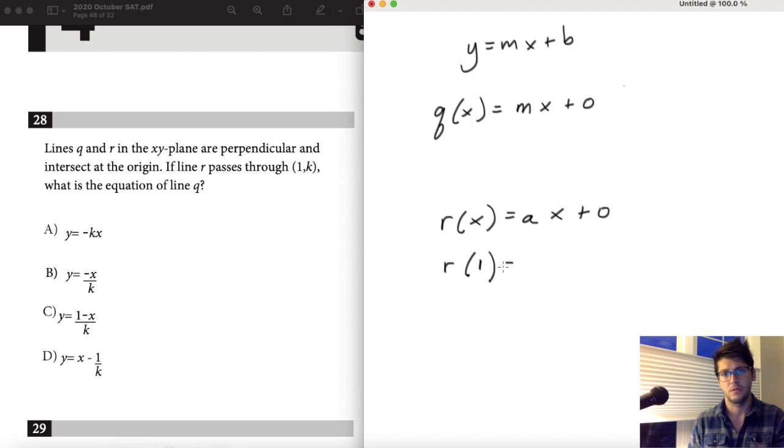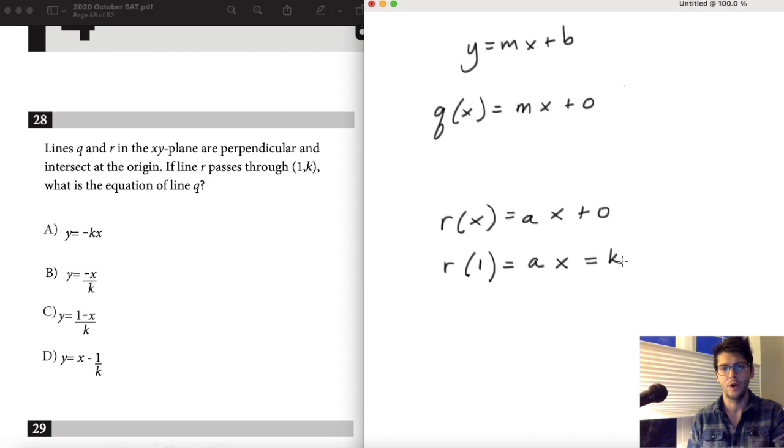Ax equals k. Oh, what am I talking about? Ax. I'm like, what? The x is the 1. So replace that. What does that mean? That means the slope of my r equation is k.